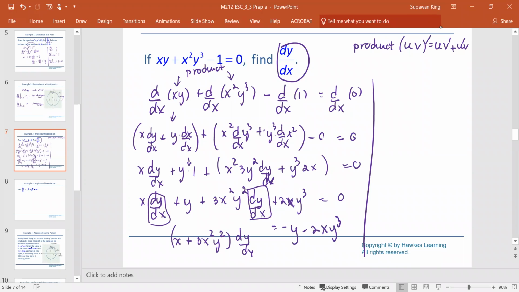And then divide both sides by the quantity x plus 3x squared y squared to get dy by dx as negative y minus 2xy to the third divided by the quantity x plus 3x squared y squared.